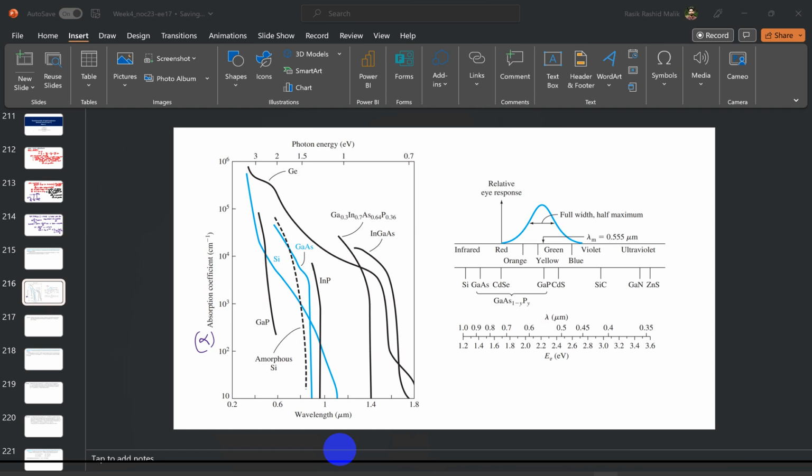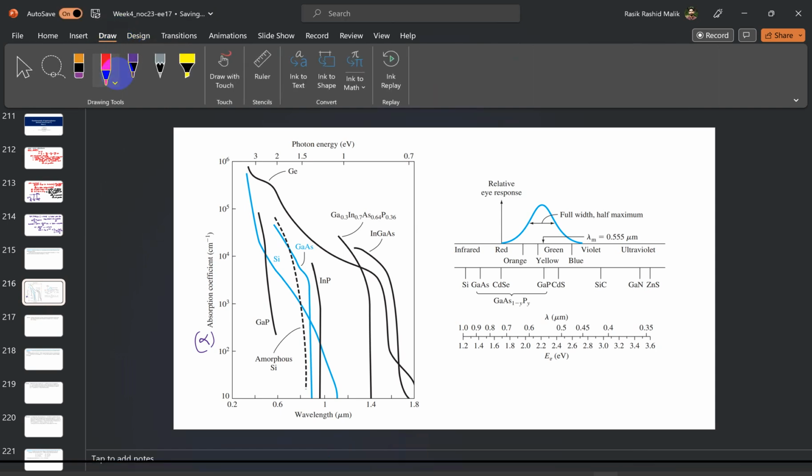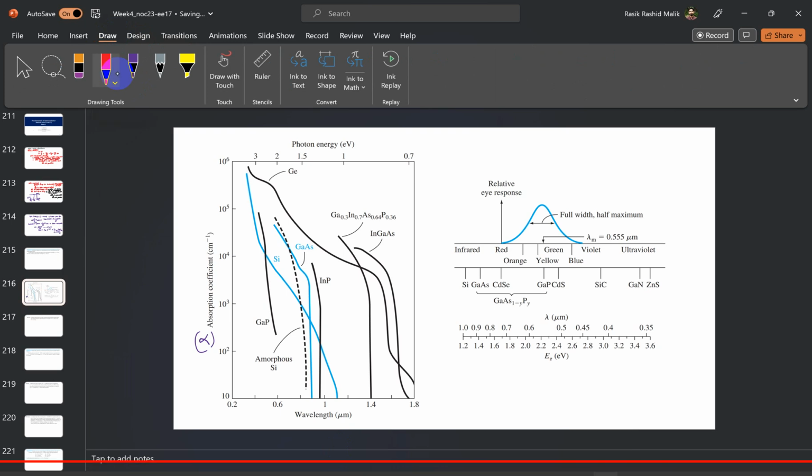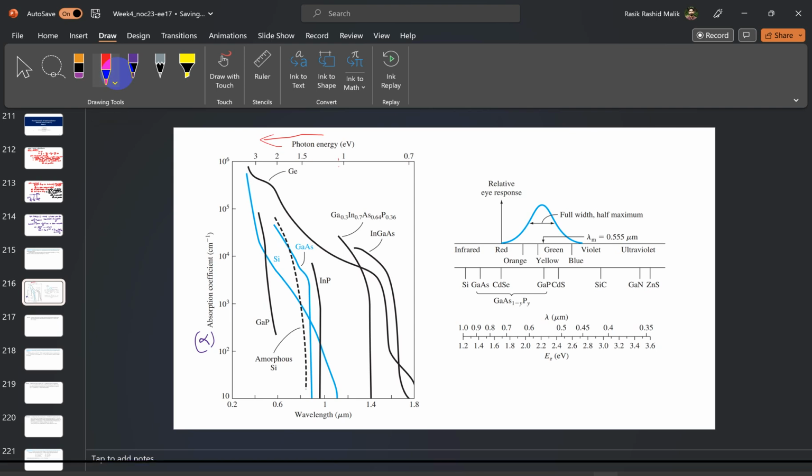As you can see in this diagram, let's take the special case of silicon. When the photon energy increases past the band gap, around 1 eV, the absorption coefficient becomes very steep. When the photon energy is much higher than the band gap, the value of the absorption coefficient increases.